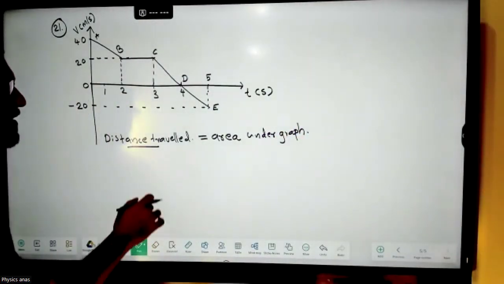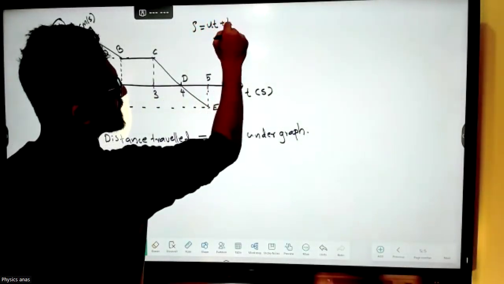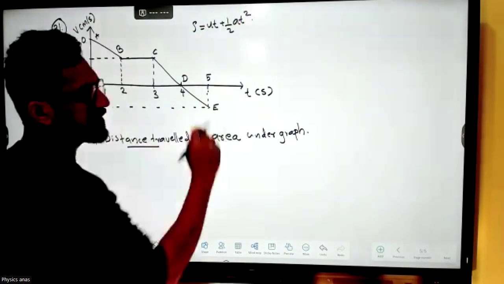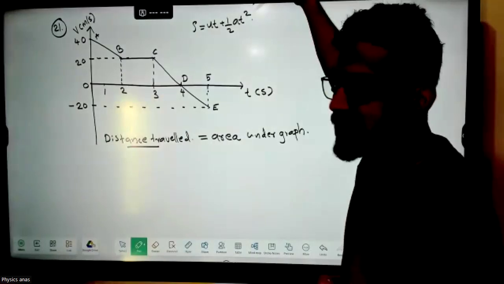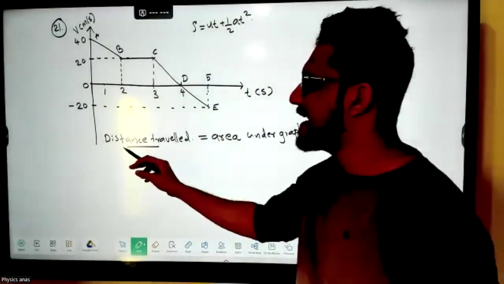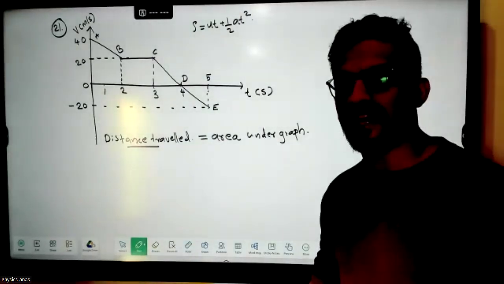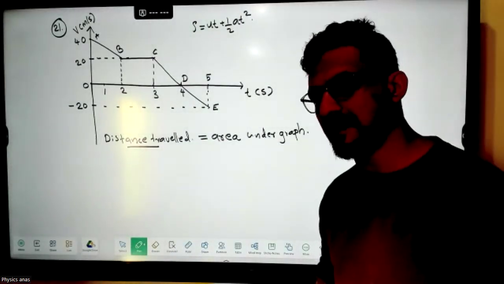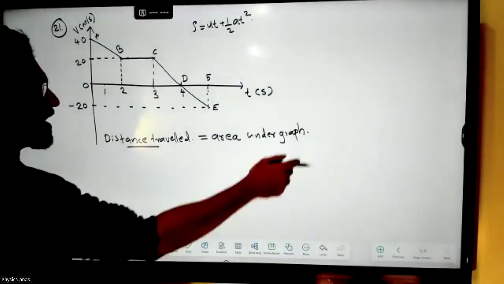We derived the equation S is equal to ut plus half at square from a velocity time graph. When we were doing that derivation, we used this idea: distance traveled will be equal to the area under the graph.